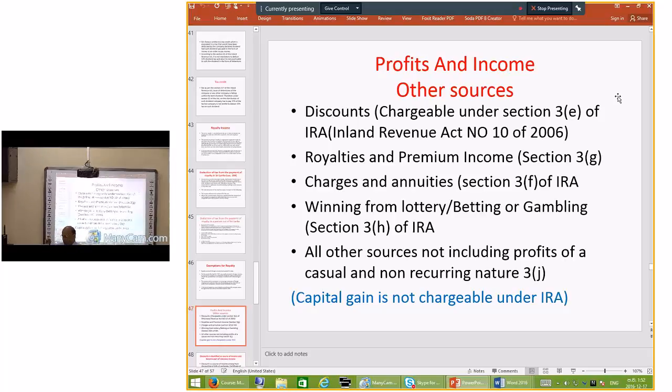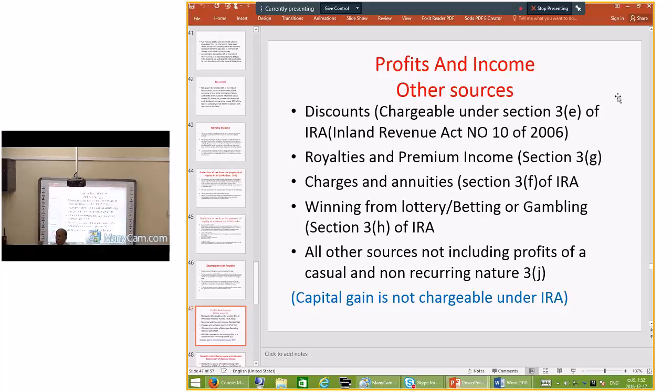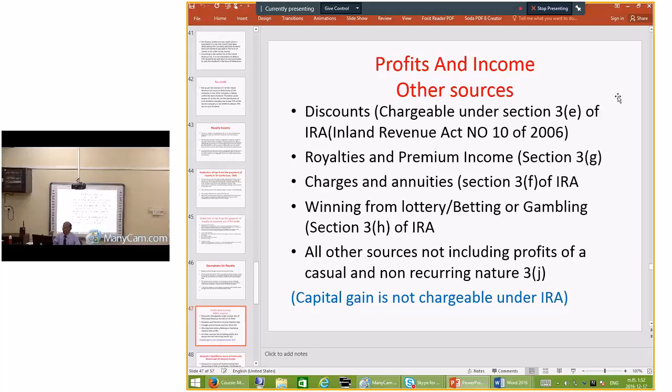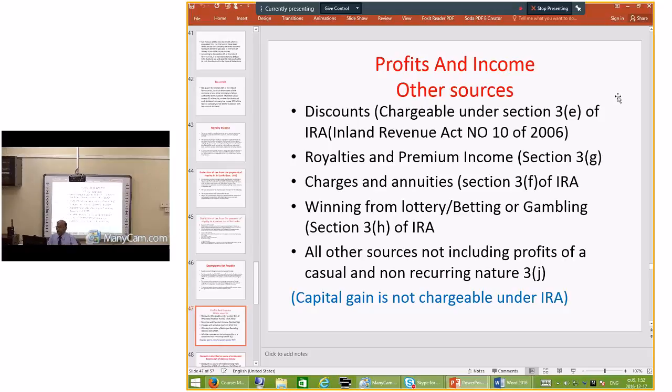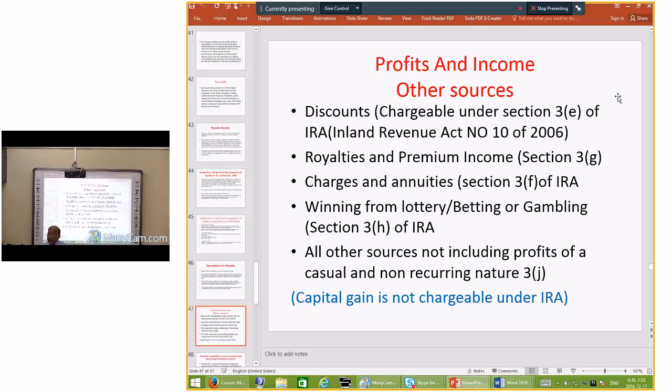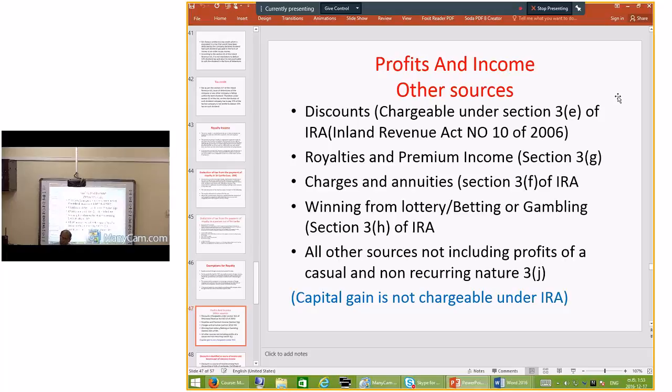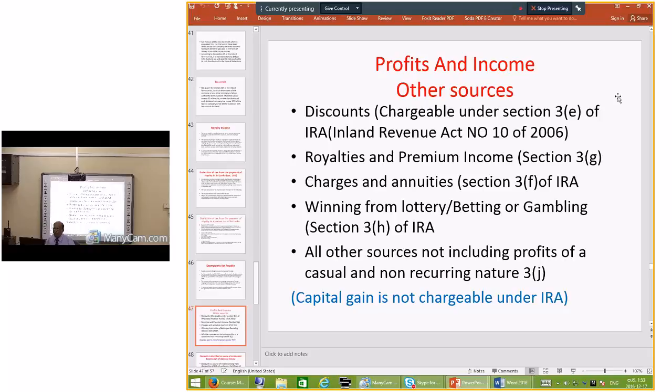Only from the gross rent we deduct the rates paid, and from the residue we deduct the 25% repairs allowance, whether it is incurred or not. If the agreement says the tenant meets the repair expenses, then only rates are allowed, right? Depending on the clause of the agreement, right?